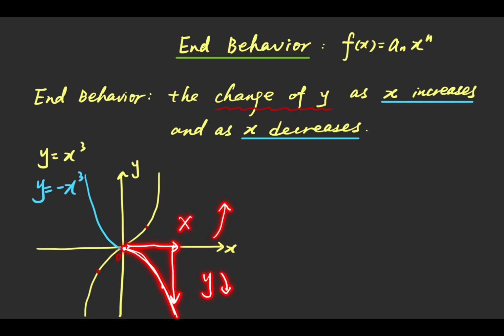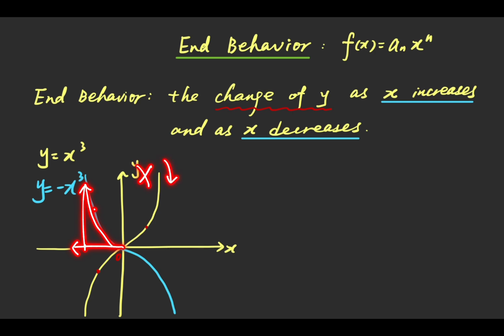This is the end behavior of this power function. For this branch, x decreases, y increases. So we say x decreases, y increases. Alternatively, we can say x approaches negative infinity, y approaches positive infinity.